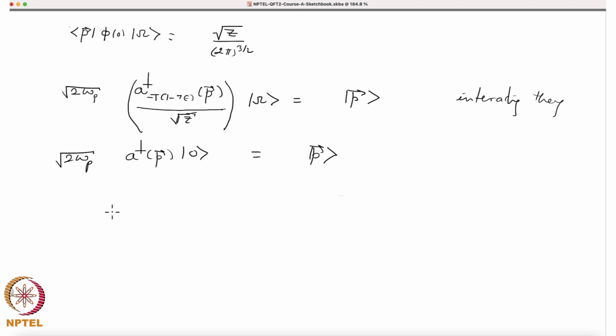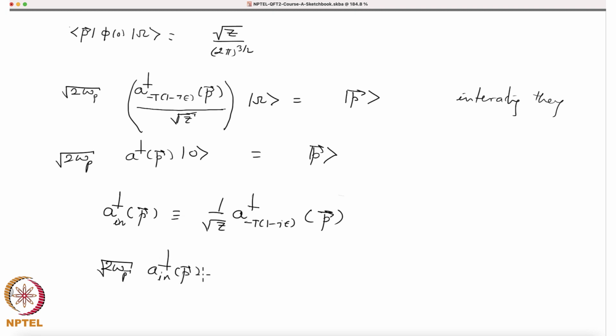I will give it a name, I'll call it A in dagger P, and that's just a dagger of P with minus T1 minus i epsilon, divided by root Z. So we have learned that we can create single particle states by acting with A in dagger on the vacuum of the interacting theory and get these single particle states.